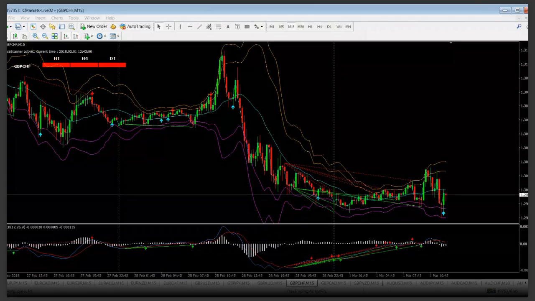Okay, so British pound Swiss franc trade with 3 pips in the money at the minute. In profit at the minute. 50 pips is my target today. We're 28 so far.